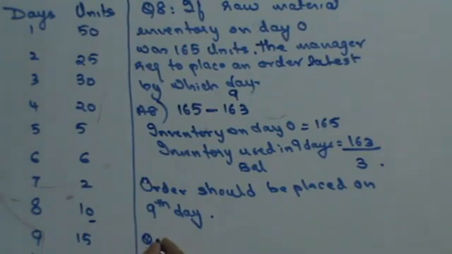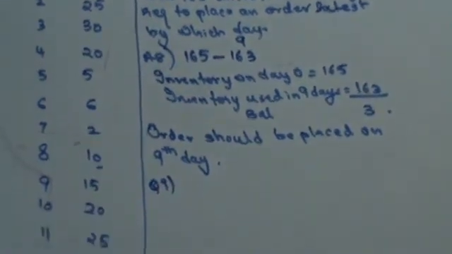Next, question number 9. Inventory on day 0 is 73 units.